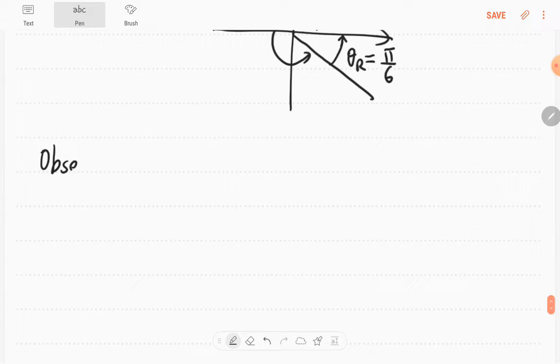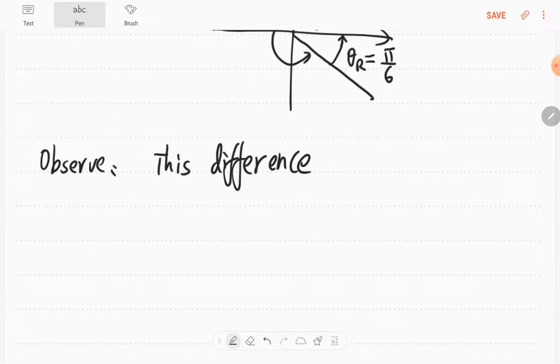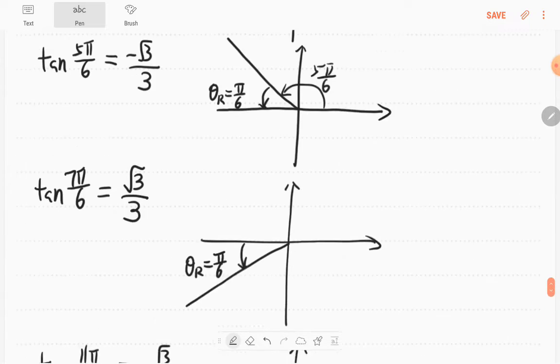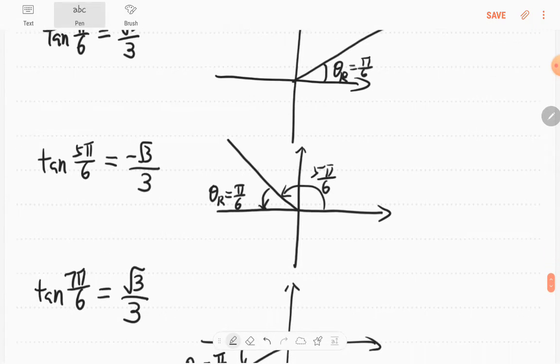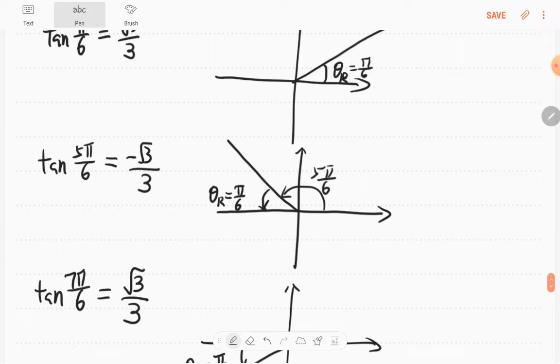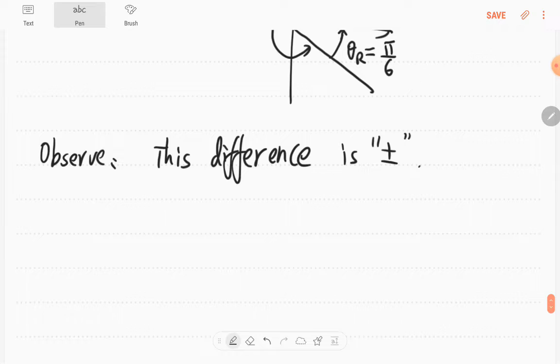We observe that the difference between these 4 trig functions is plus or minus, right? The absolute value is the same. And we also notice that these angles have the same reference angle, right? They all have the same reference angle.